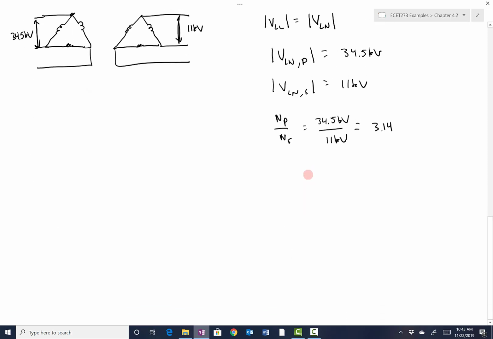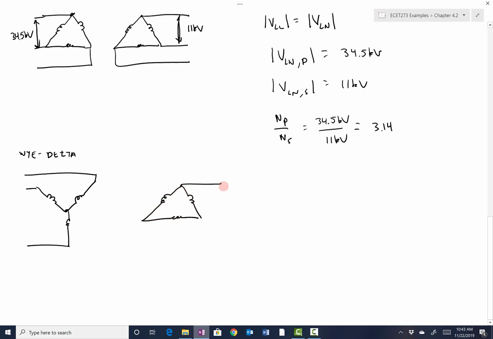Okay, so we're going to move on to the first of the Y-delta configurations, and that's with the Y on the primary and the delta on the secondary. And so what that's going to look like is that right there on the primary. And on the secondary, we're going to have this configuration right there.